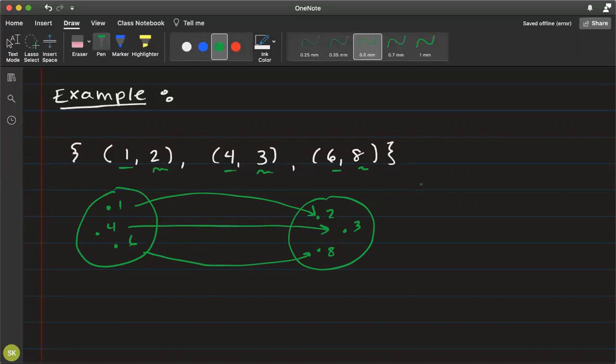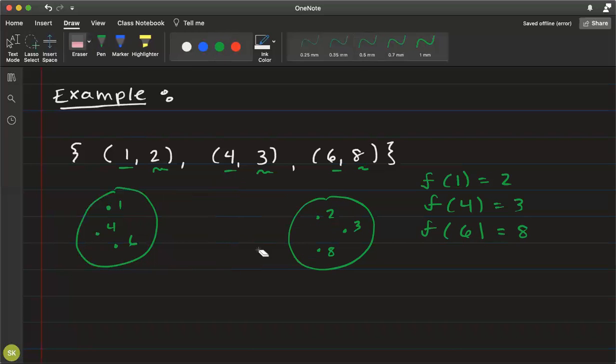We said we can write this as f of 1 is equal to 2, f of 4 is equal to 3, and f of 6 is equal to 8. So this is our function f. Now, if the function is one-to-one, which this function is because all of the y values are different, so we don't repeat y values, then we can talk about an inverse function. An inverse function reverses this relationship.